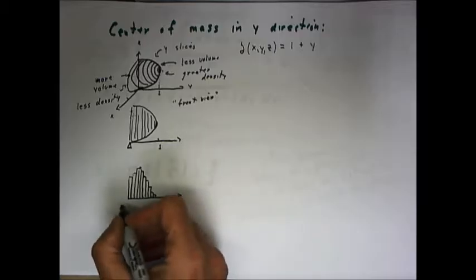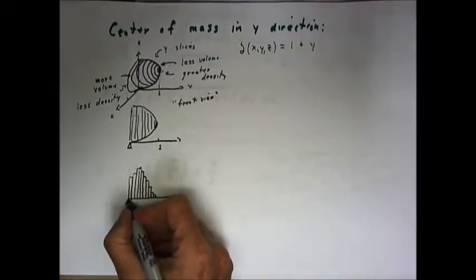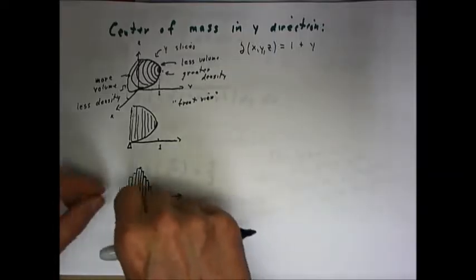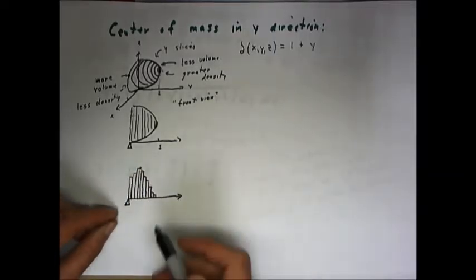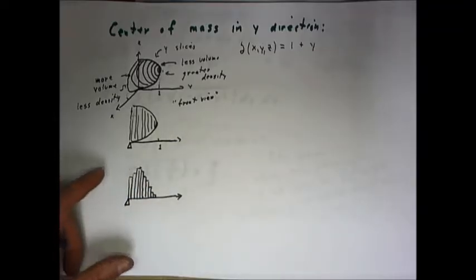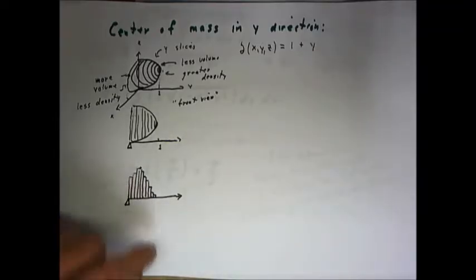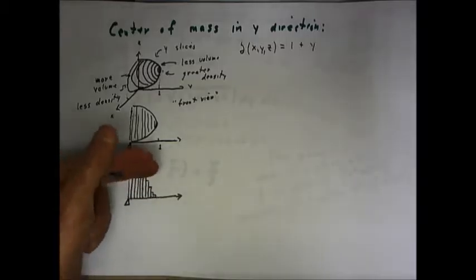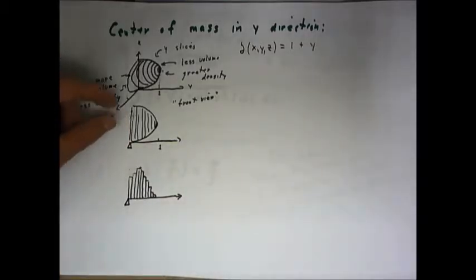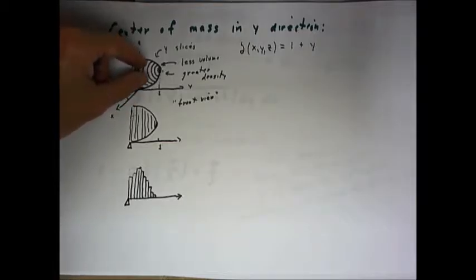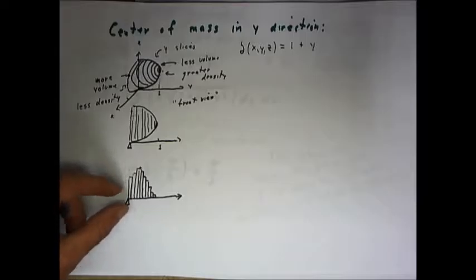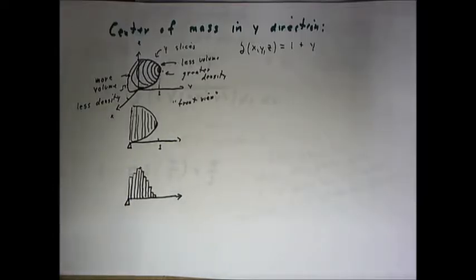If we visualize this as a massless support supporting all these masses with a fulcrum right here, we see that we get a torque from each slice, a moment tending to rotate the quarter sphere around this fulcrum.